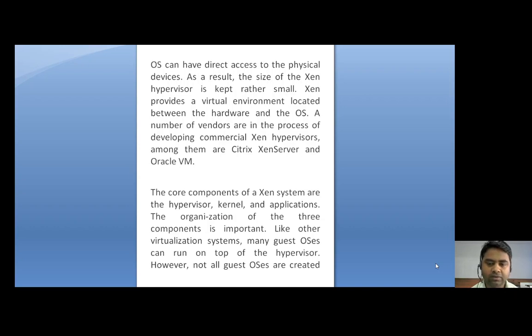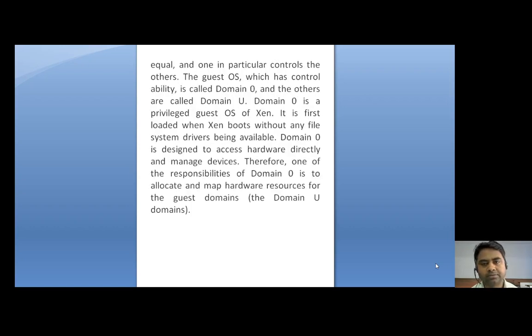The organization of the three components is important. Like other virtualization systems, many guest operating systems can run on top of the hypervisor. However, not all guest operating systems are created equal, and one in particular controls the others.